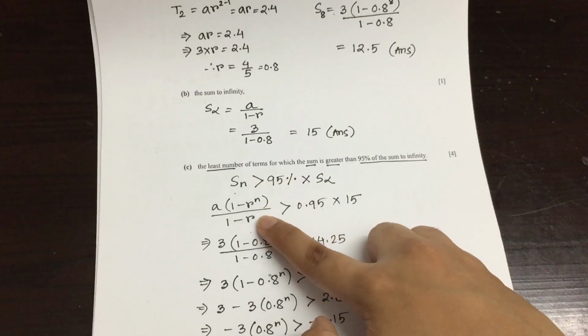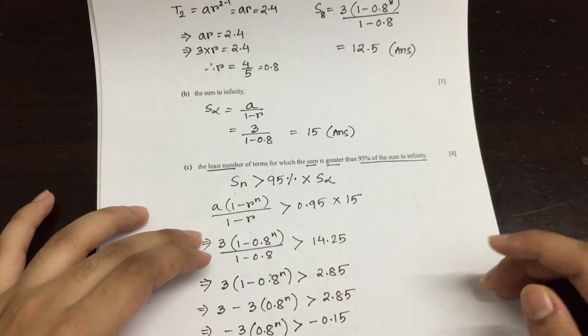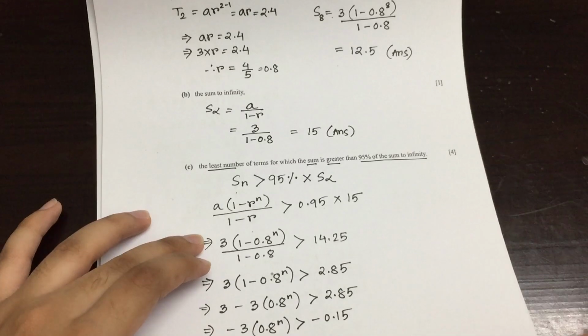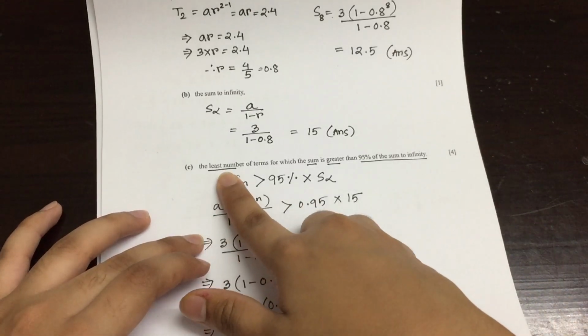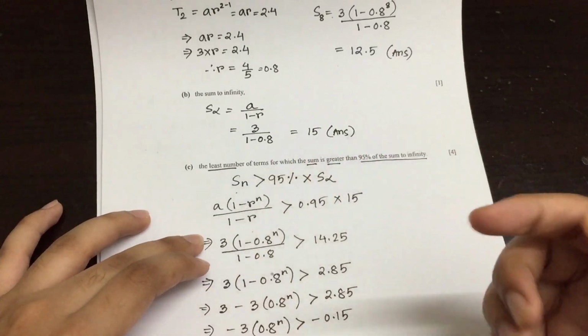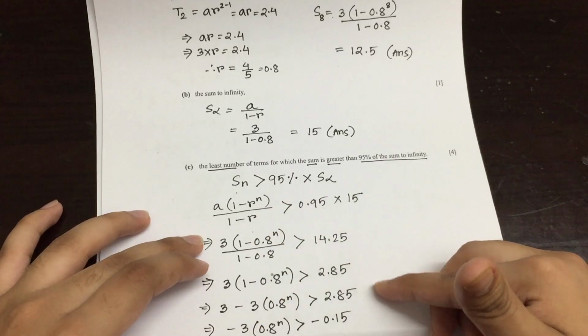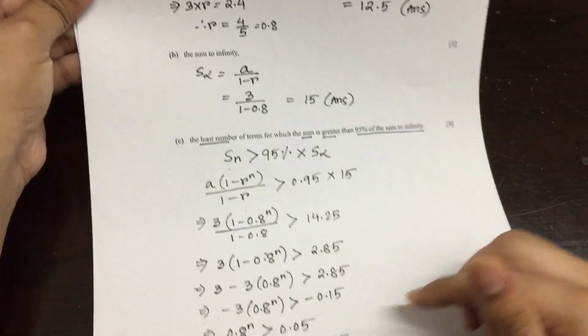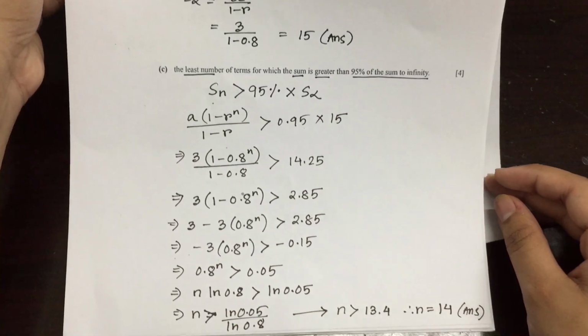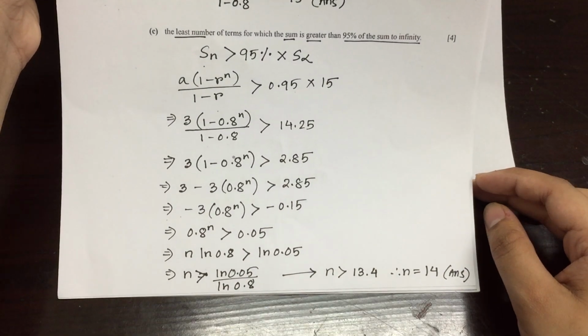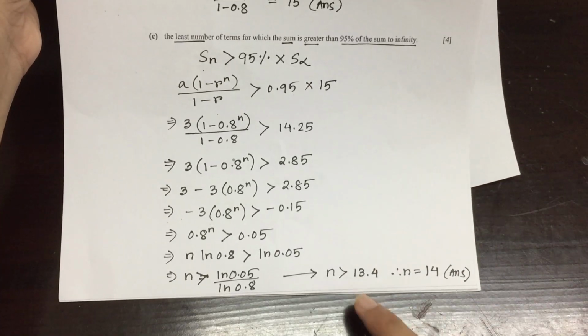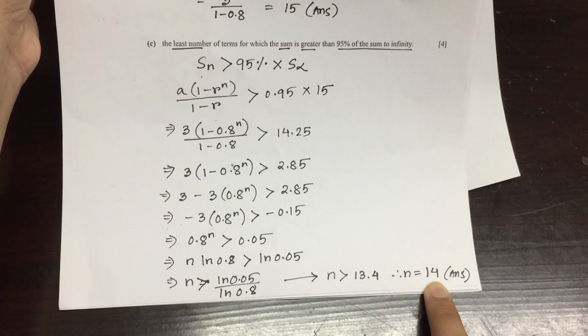So you simply place the formulas here, and you have to make n the subject because they have asked for the least number of terms. So after making n the subject, this will look something like this. As you can see here, I have solved the inequality, and finally I get my answer as n greater than 13.4, which is nearly 14.